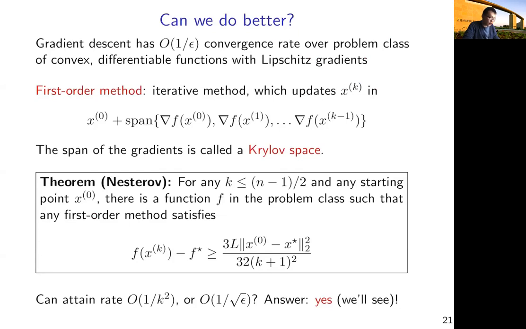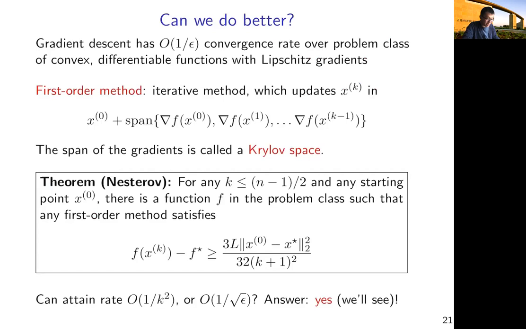Consider the family of first order methods, those that work with the gradient and keep doing things similar to gradient descent, by moving towards a direction that's maybe the gradient or any function in the span of the gradients of all the points that we visited before. This is a so-called Krylov space method, and this is also a formal definition of what we mean by first order methods. The first order methods use only the first order information that we have collected so far.